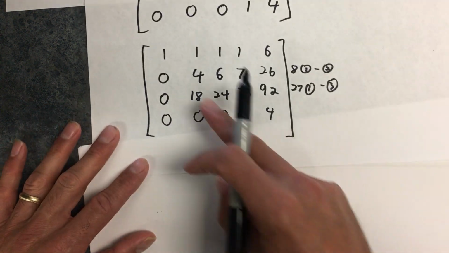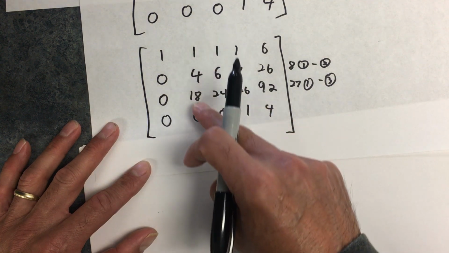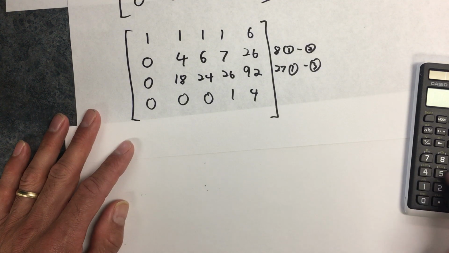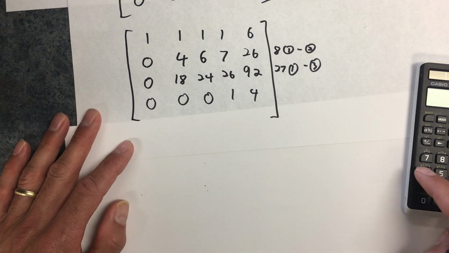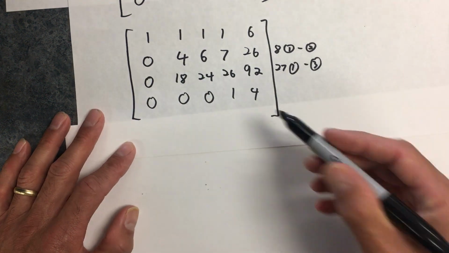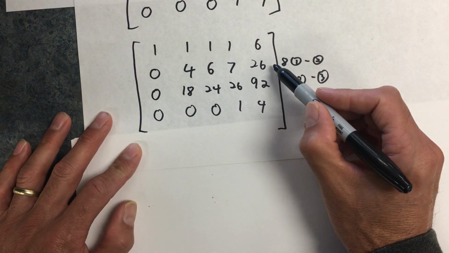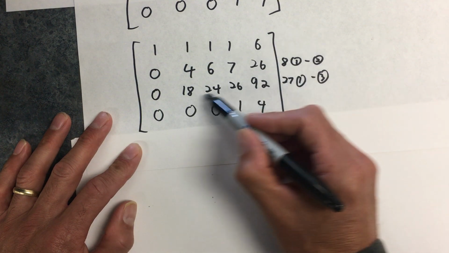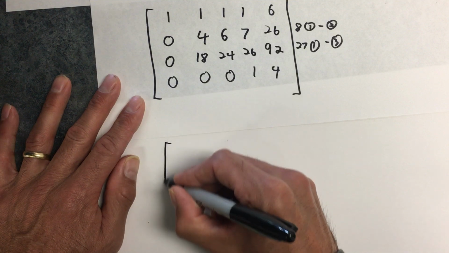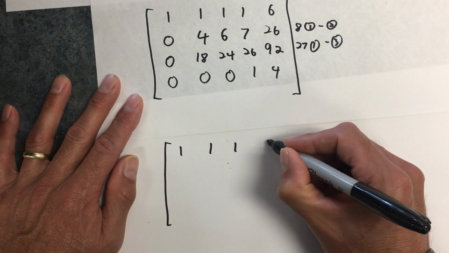So I'm going to get rid of this 18 by multiplying row 2 by 4.5, and I'm going to subtract row 3 from it. Nothing wrong with dragging fractions or decimals around in here.